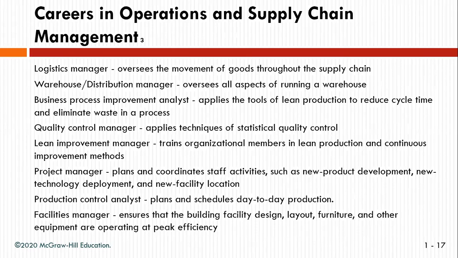The quality control manager applies the techniques of statistical quality control to minimize defects in the products. The lean improvement manager usually trains the organization's members in lean production and continuous improvement.